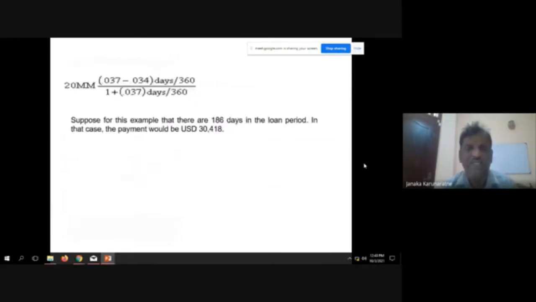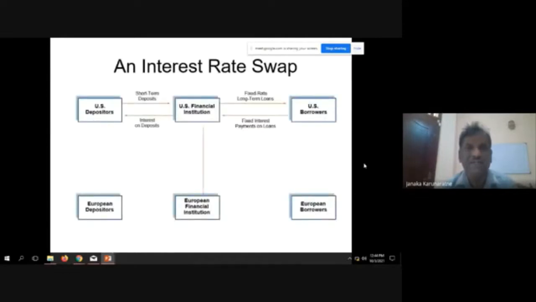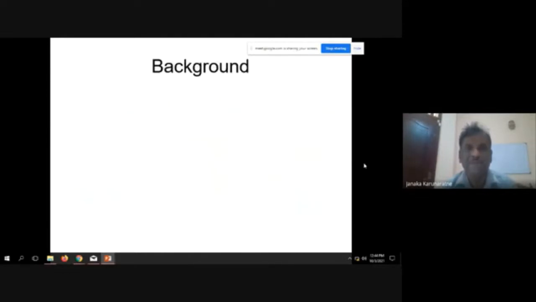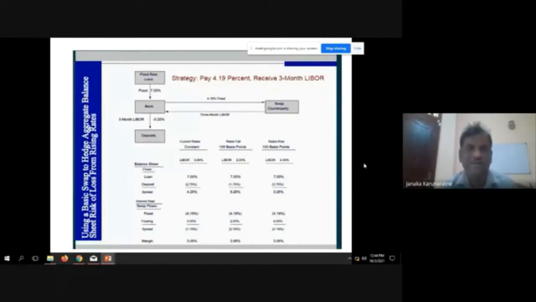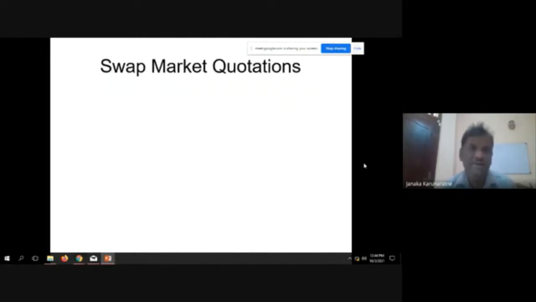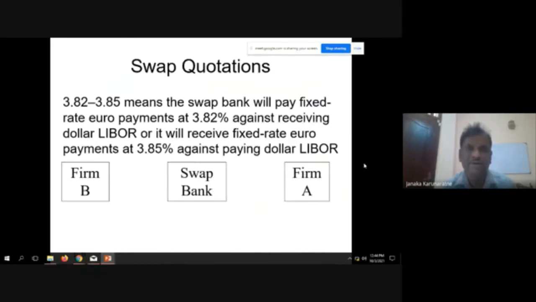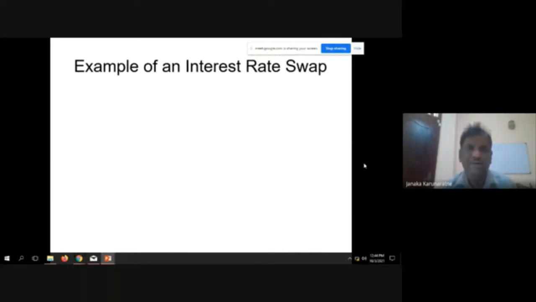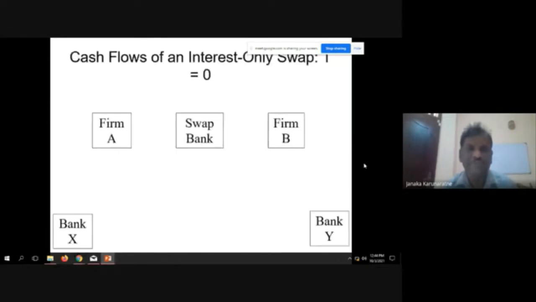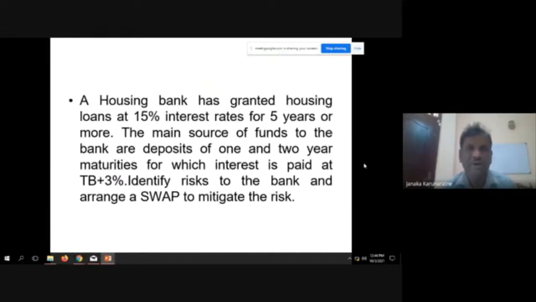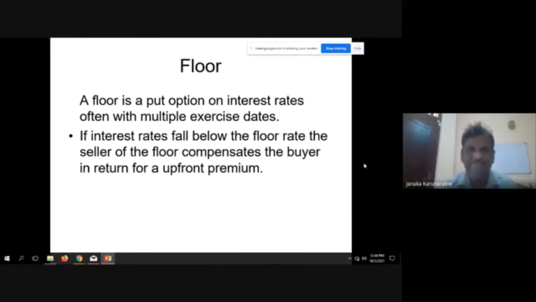Now here, interest rate swaps. Okay, this is the area.